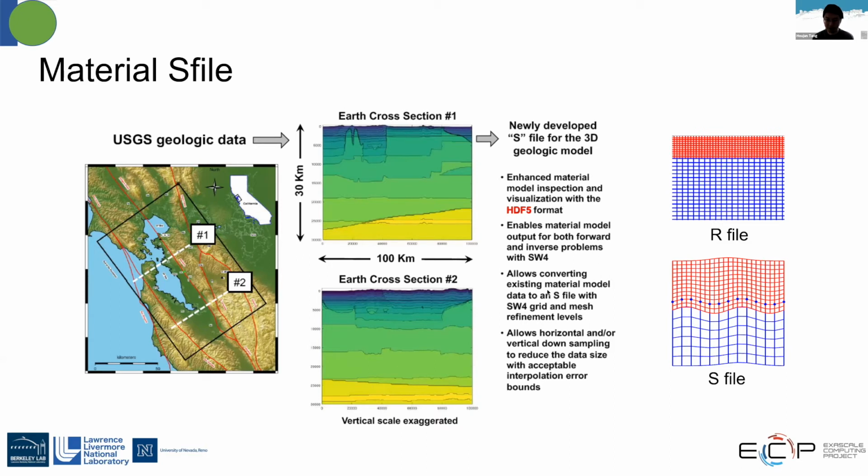It also allows converting the existing material model to the new format with HDF5. And there is also some other work to invert material properties based on actual observation data and then save them to this format.